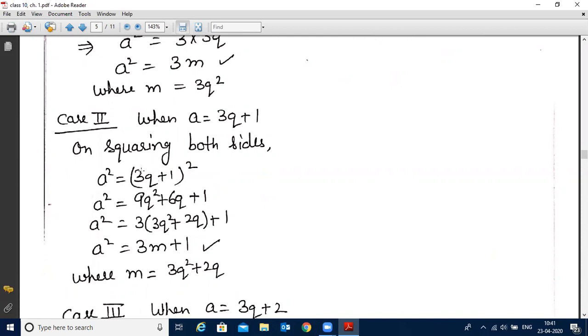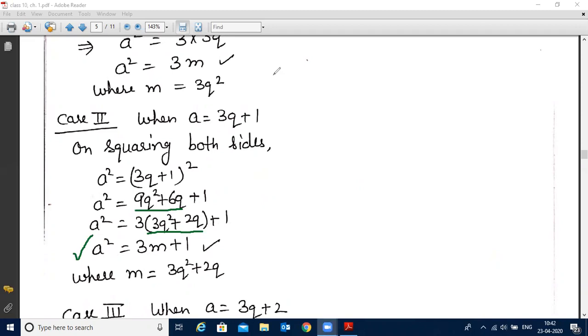We are opening this bracket, solving this part using the identity. Now it will become 9q square plus 6q plus 1. When we take 3 common from the first two terms, it will become 3 into 3q square plus 2q, plus 1. Let this portion be m. So now a square will become 3m plus 1.